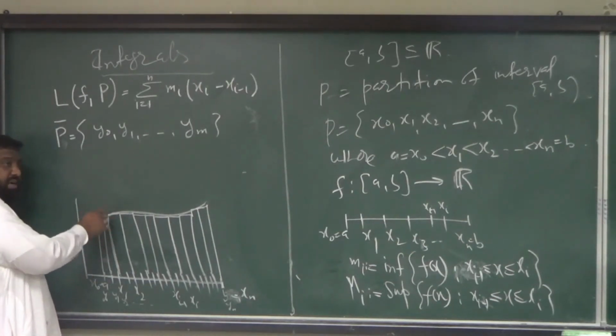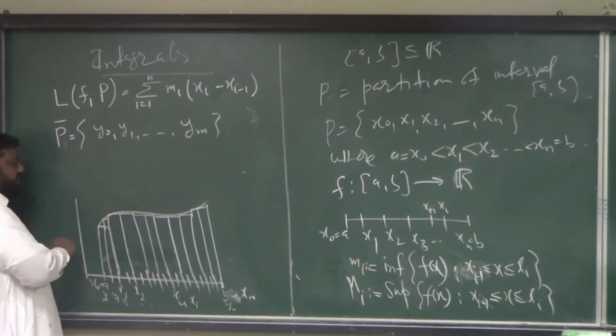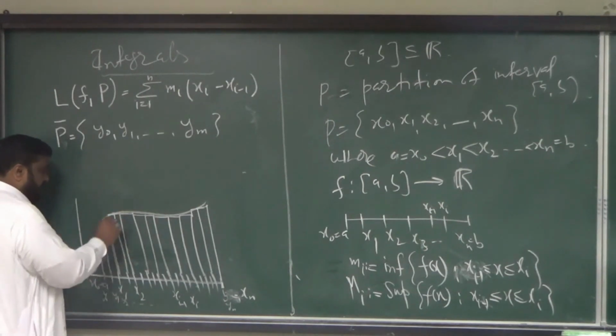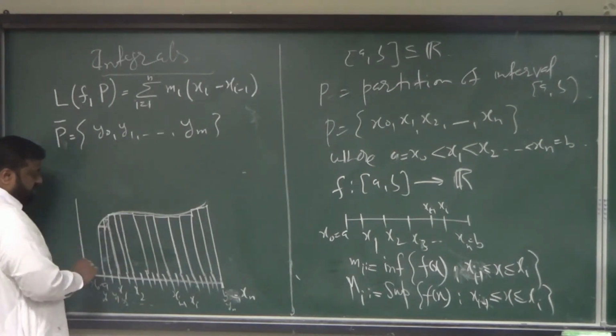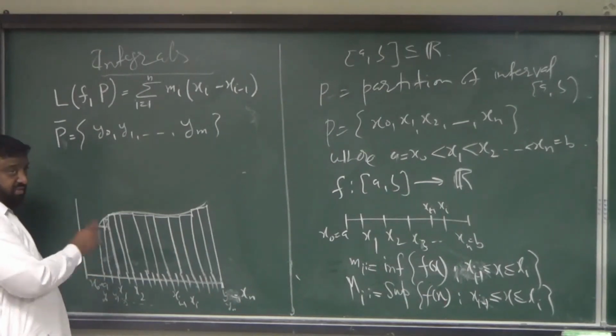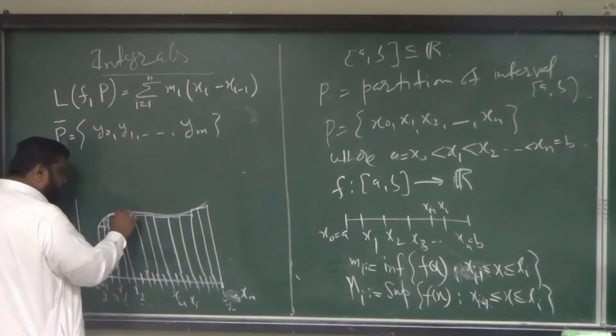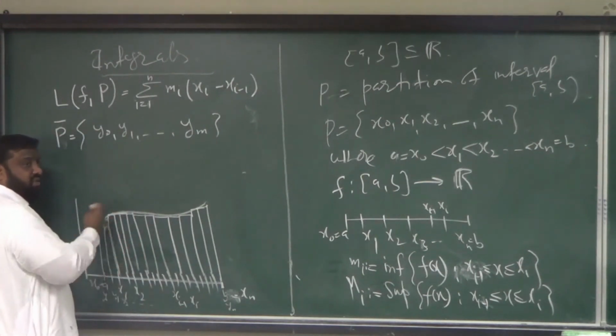It's going to be added to the Riemann sum. Similarly with this one. I don't have colored chalk, otherwise you would have seen it explicitly, but you can already see that the area is going to improve.